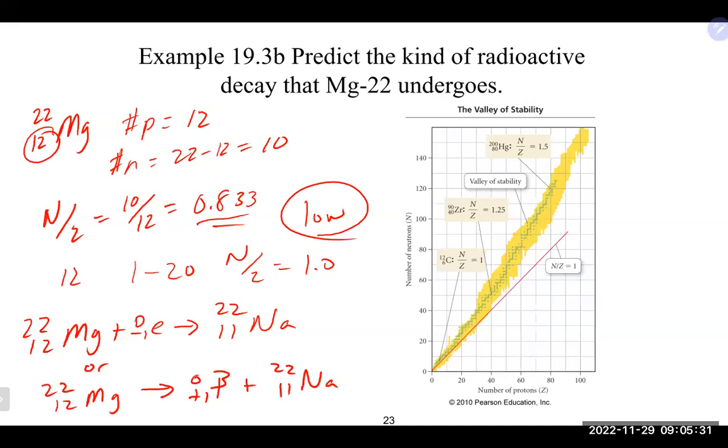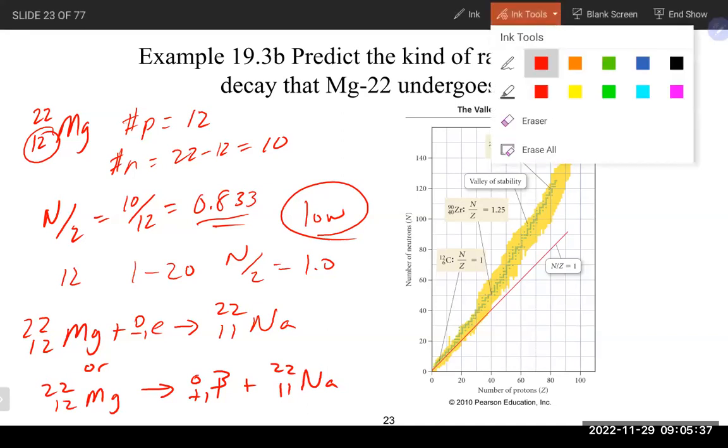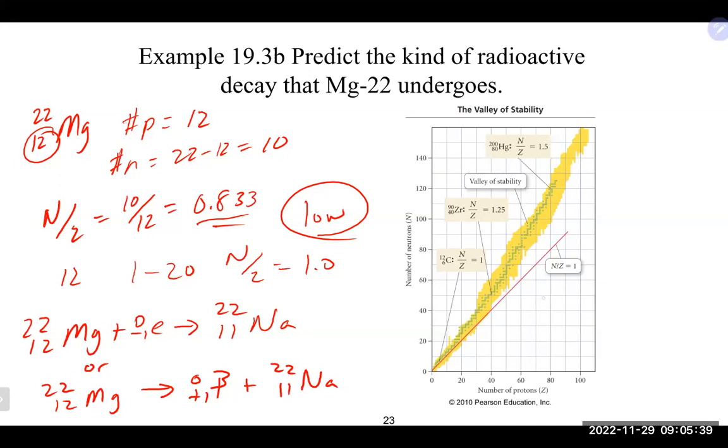First off, any questions on that there? At this point, we could see that we were too low, so we were kind of on the low side. So what we did should move us closer to the valley of stability. If we do it for what was just formed here, the number of protons is 11. The number of neutrons is 22 minus 11, which is also 11.